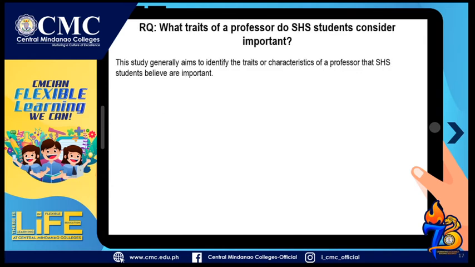Another question, what traits of a professor do senior high school students consider important? This study generally aims to identify the traits or characteristics of a professor that senior high school students believe are important.